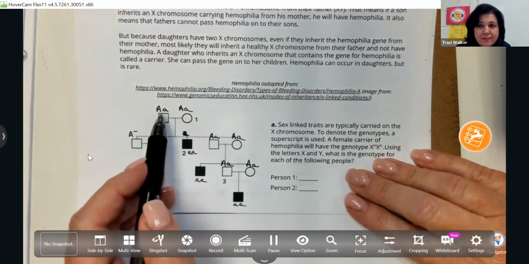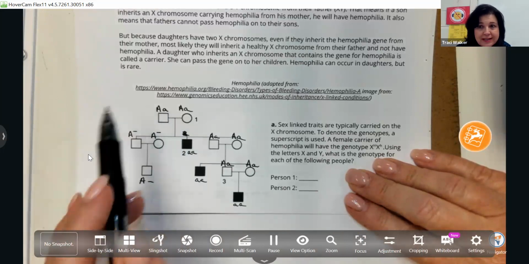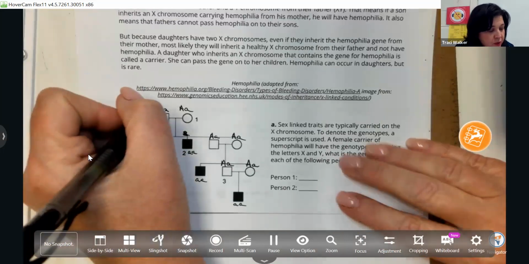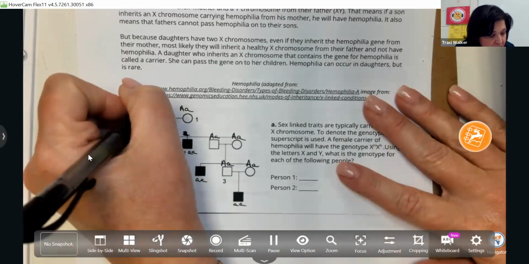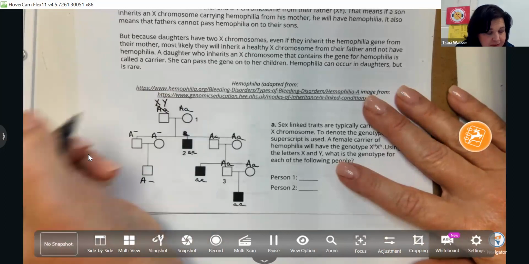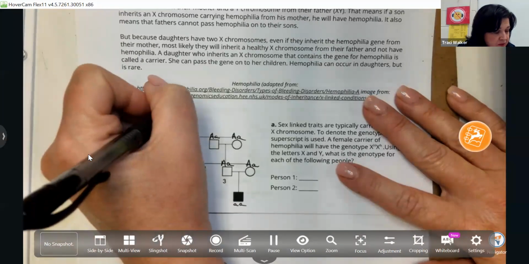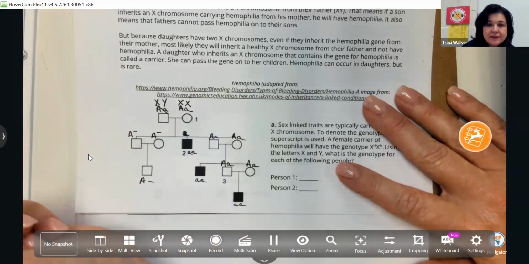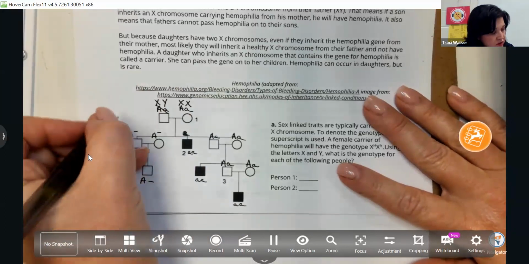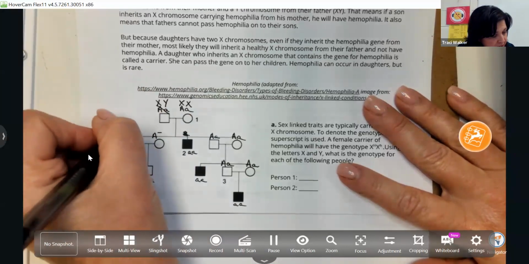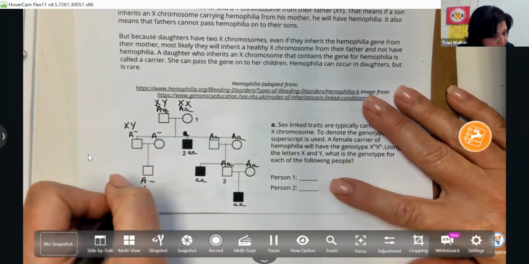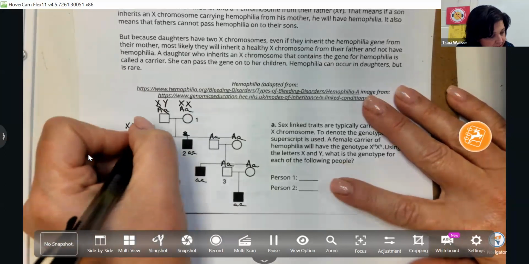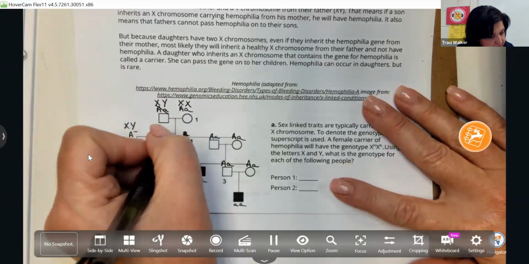All the males get one X chromosome, so the males are XY, and the females are XX. So let's go ahead and put XY over all of our males, XX with all of our females.